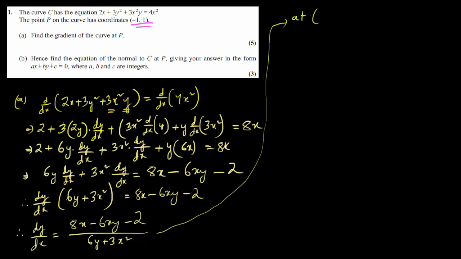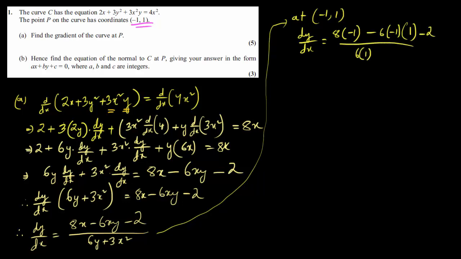At the point (minus 1, 1), dy by dx would be equal to 8 into x, x is minus 1, minus 6 times minus 1, y is 1, minus 2, divided by 6 times 1 plus 3 times minus 1 squared. This turns out to be minus 8 plus 6 minus 2 divided by 6 plus 3, which is going to be 6 minus 10, which is minus 4 by 9.